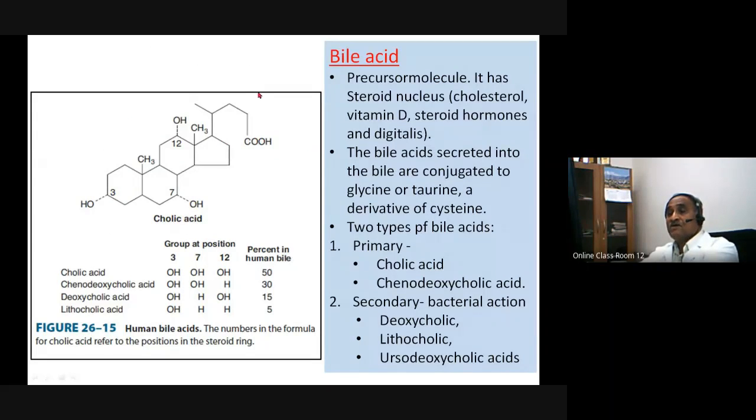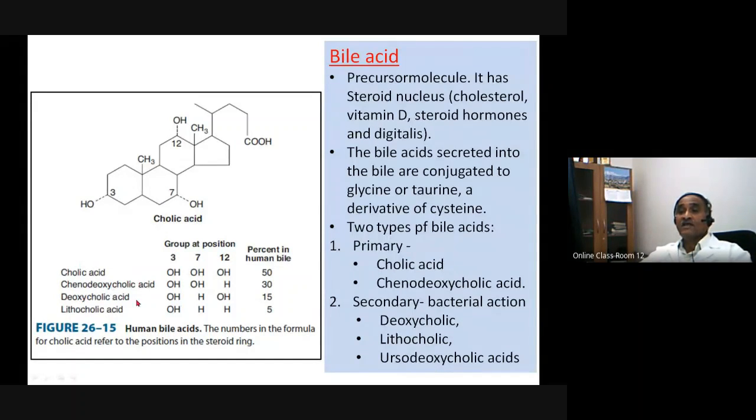And now, what is this bile? The molecules of the bile are cholic acid and chenodeoxycholic acid, which are the bile acids. These acids do not remain free; they exist as conjugates with glycine or taurine, such as cholic acid glycinate or cholic acid taurate.